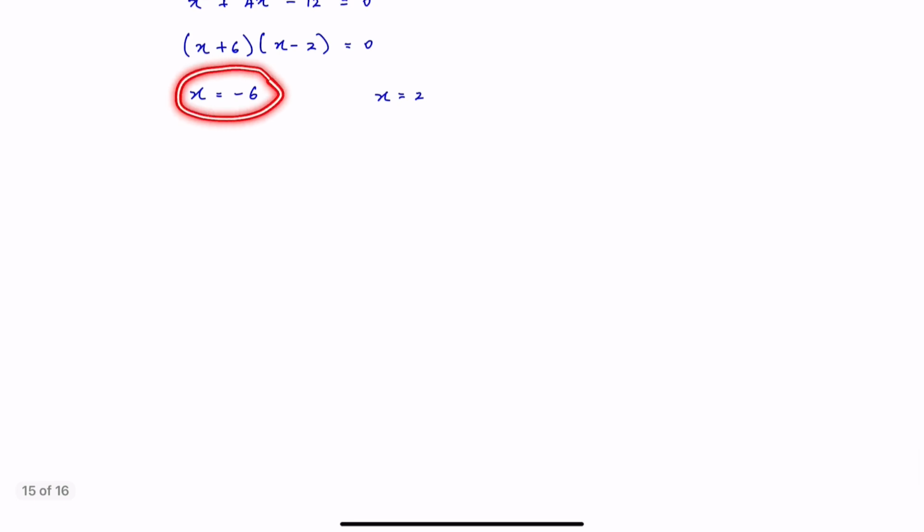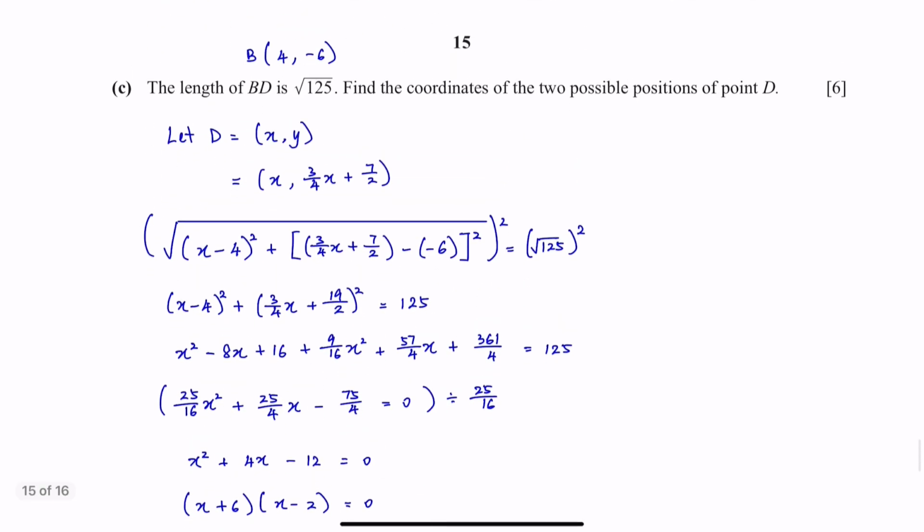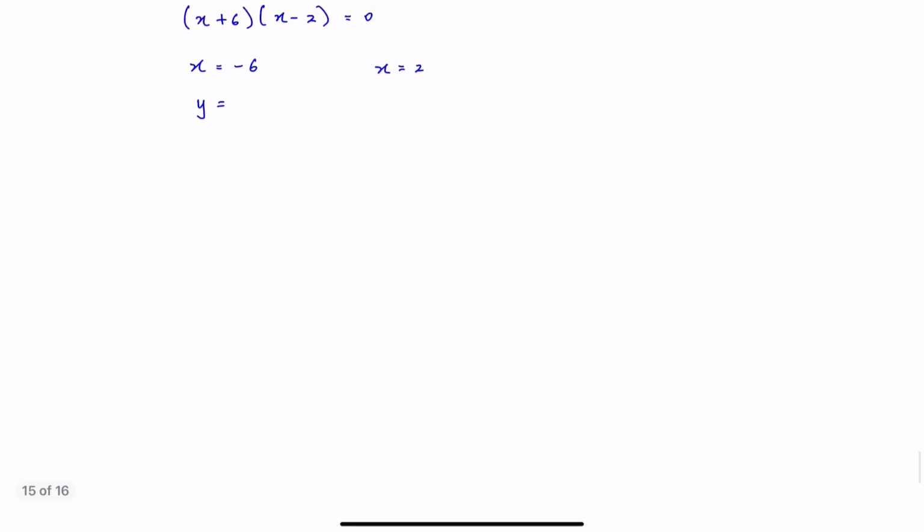So for the first x value, we need to find our y value. So y would be 3 over 4 x plus 7 over 2. So 3 over 4 times negative 6 plus 7 over 2 would give us negative 1.